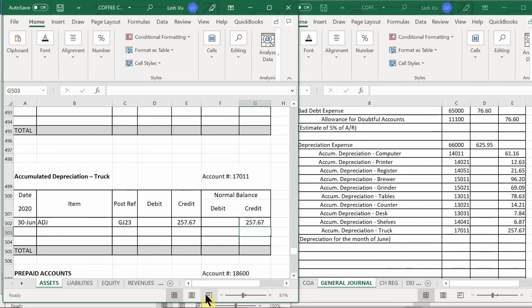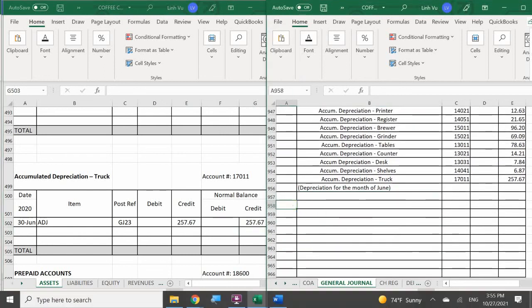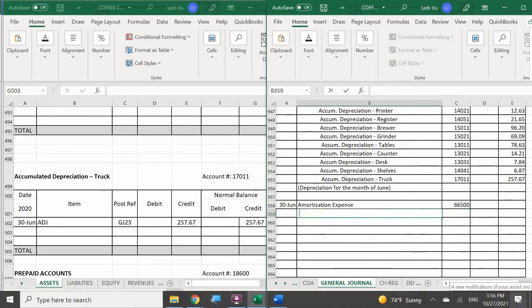Now we have to do the amortization. Amortization expenses, it is, let me see, 66500. Expense.